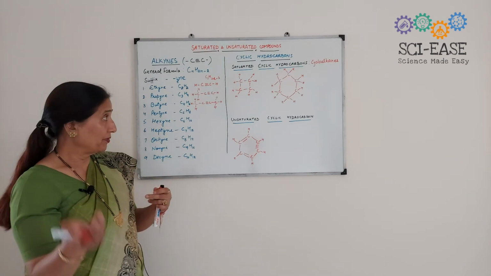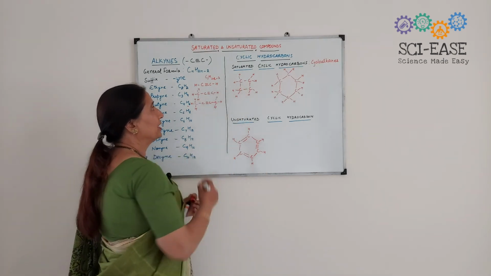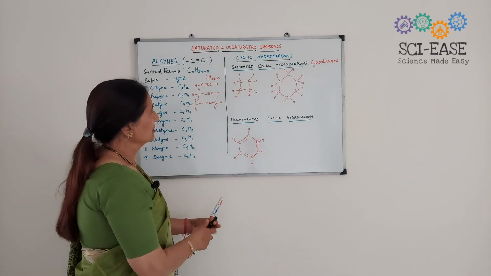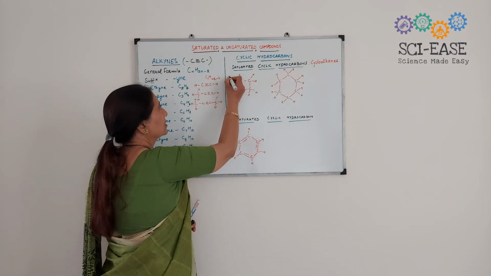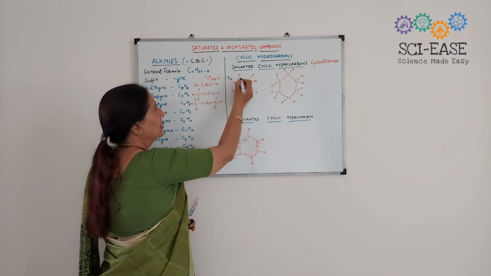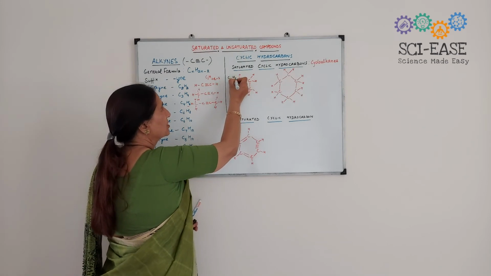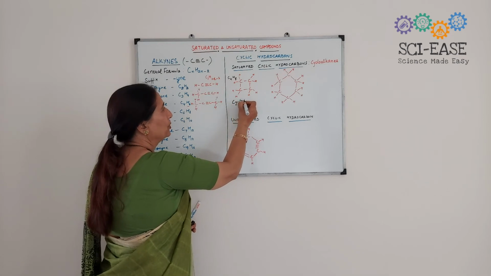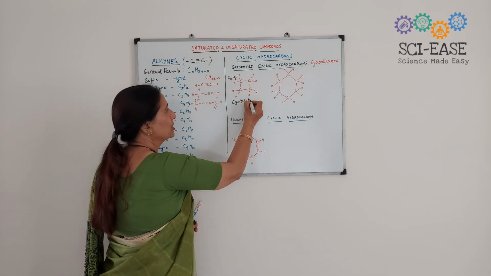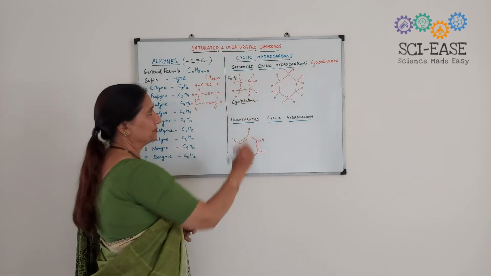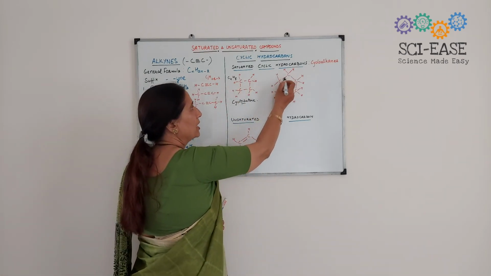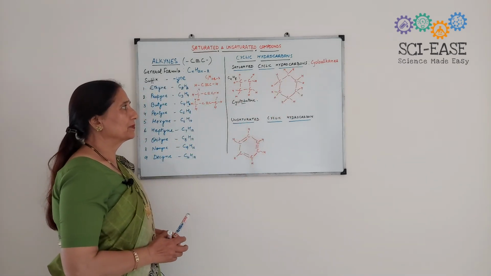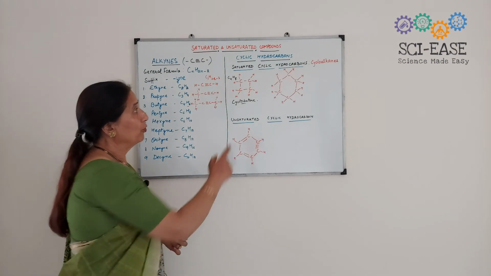You can write the structure. Here I have written 4 carbons. So the formula is C4H8, and it is cyclobutane, because there are 4 carbons, butane. Now here there are 1, 2, 3, 4, 5, 6. There are 6 carbons. And then fulfill the valency.